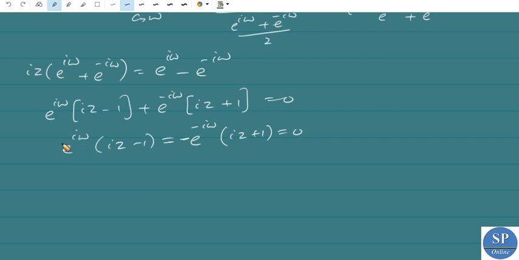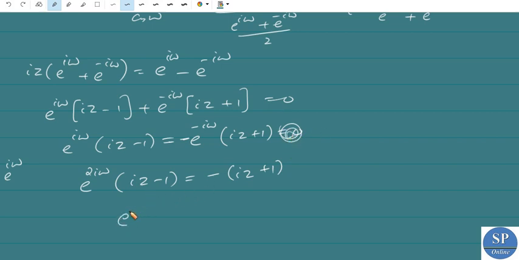Multiplying throughout by e power iw, we get e power 2iw into iz minus 1 is equal to minus 1 into iz plus 1, since e power minus iw into e power iw is e power 0, that is 1.